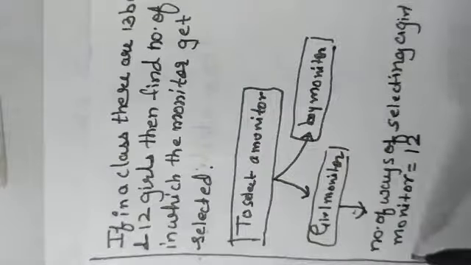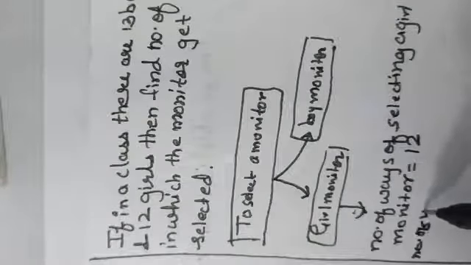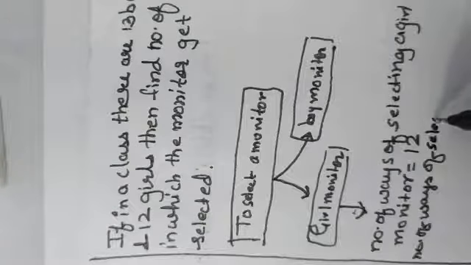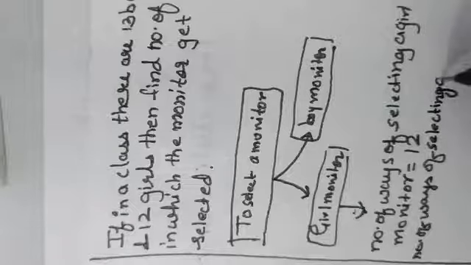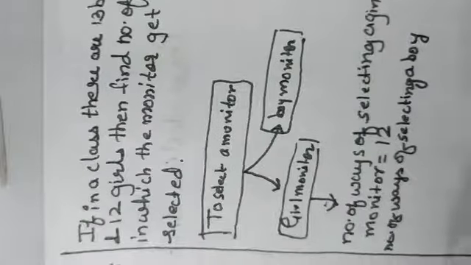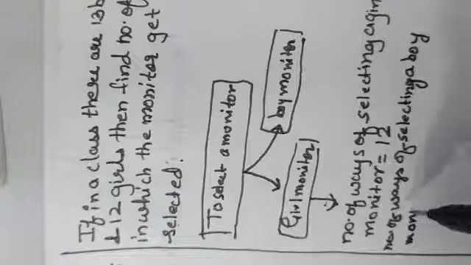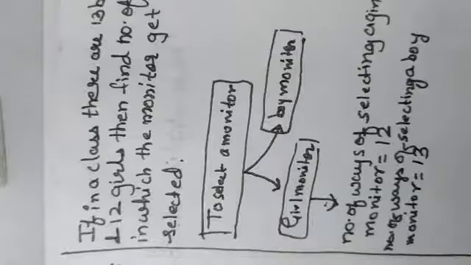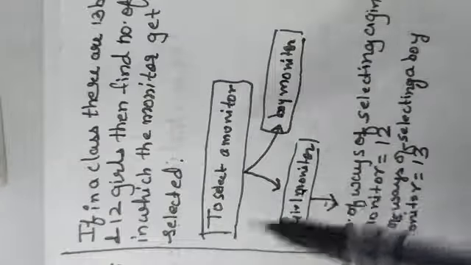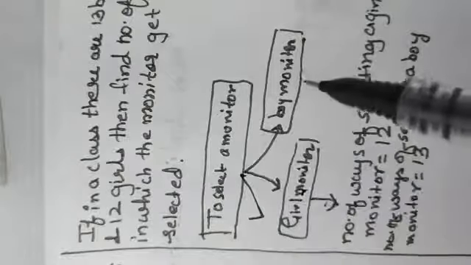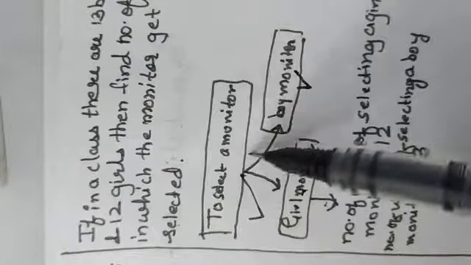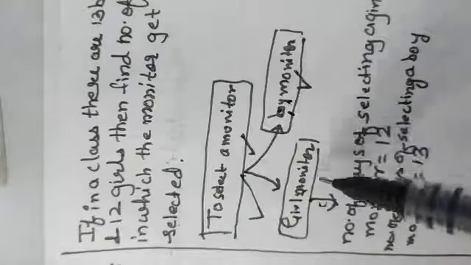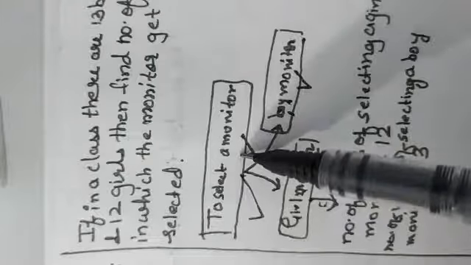Now, the number of ways of selecting a boy monitor. If I have to select a boy monitor, then the total ways would be the total number of boys. Now, if you can see here, if I select a girl monitor, then the event gets completed. If I select a boy monitor, then the event also gets completed. So for these two events, either of their completion leads to the completion of the main event.